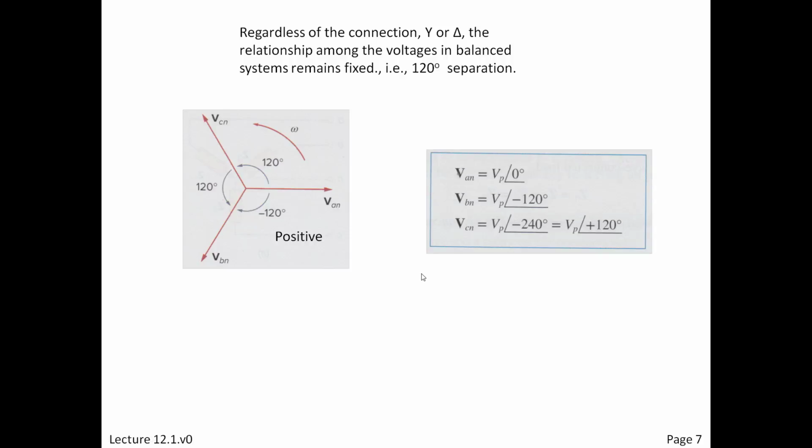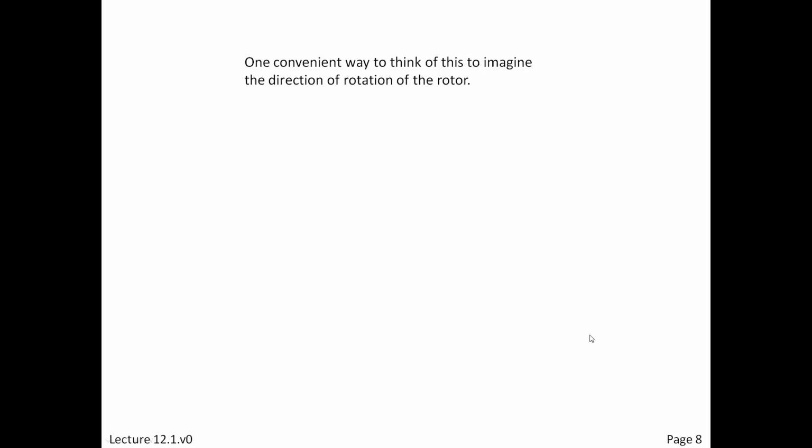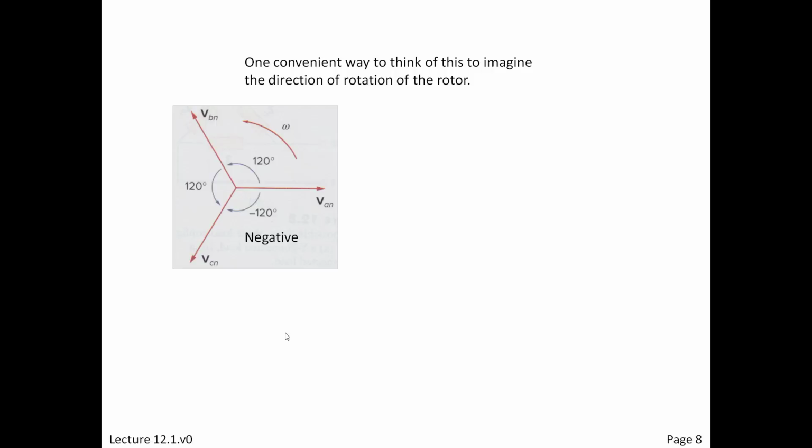So that's a positive orientation. And these are the equations that get used for, now remember it, AN, BN, and CN. Okay? So all that matters, again, is the relationship occurs in a positive direction or a negative direction. And you can always think of it in terms of the rotor direction. Which way is it rotating?